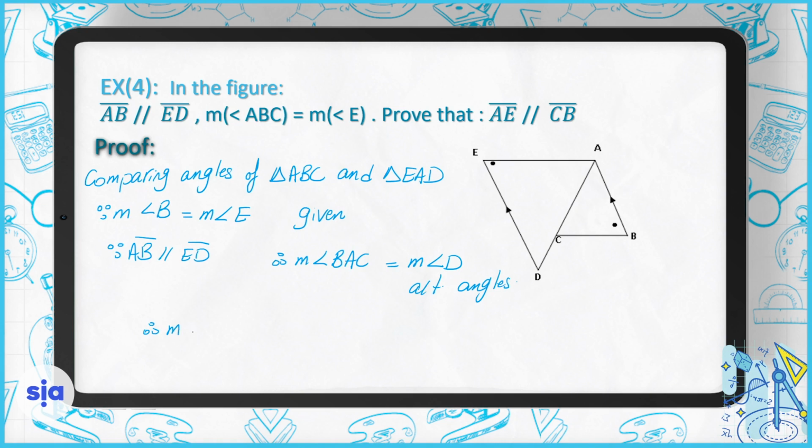Therefore, the measure of angle ACB is equal to the measure of angle EAD. So we can easily now prove that CB is parallel to AE.